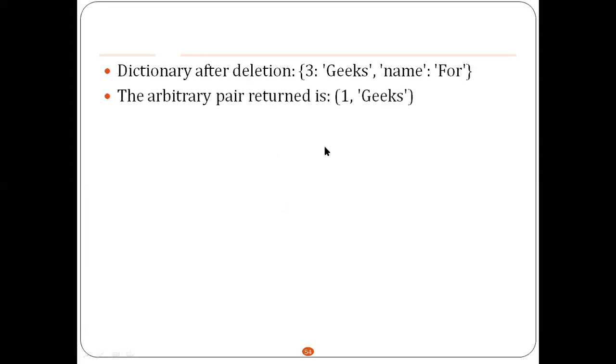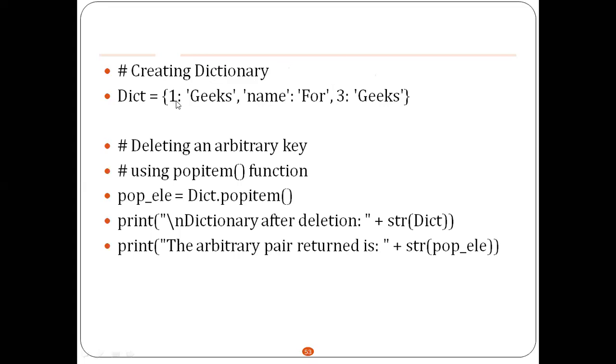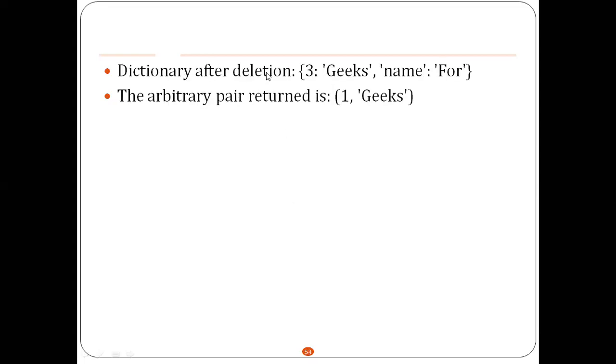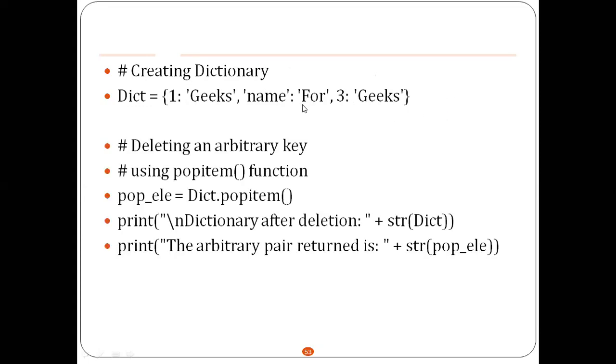So now we look at the dictionary after deletion. Earlier it was 1: gigs, name: 4 and 3: gigs. These are the 3 elements within the dictionary, right? And after deletion, 3: gigs and name: 4.